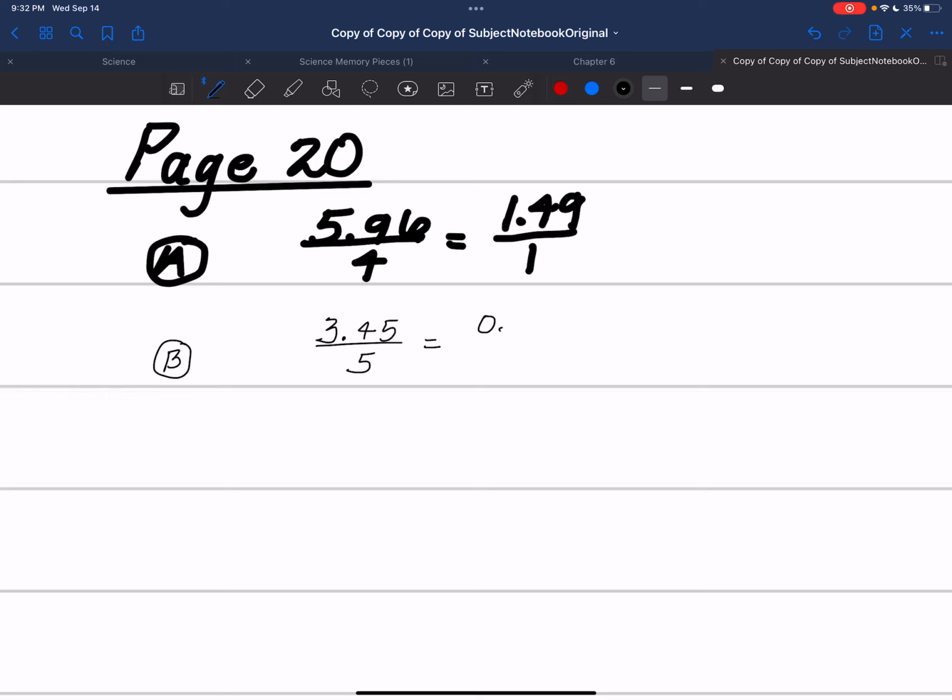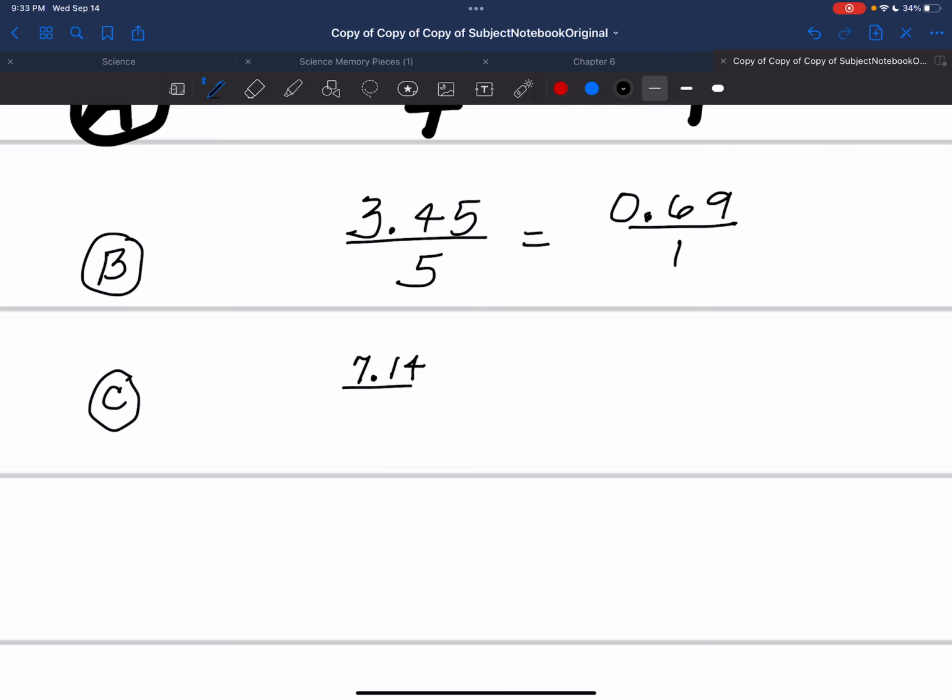That's 69 cents per pound. Then C, we have pears that are $7.14 for 6 pounds. So $7.14 divided by 6, the unit rate is $1.19 for 1 pound.